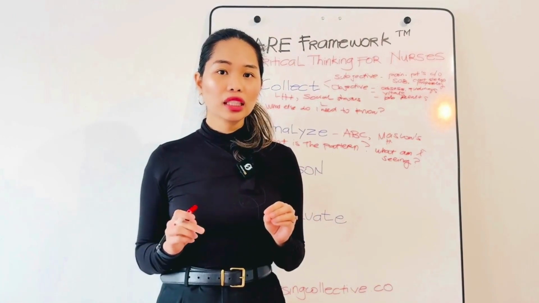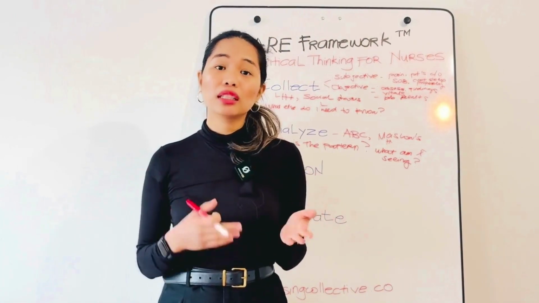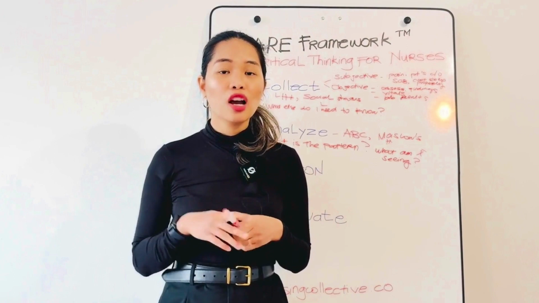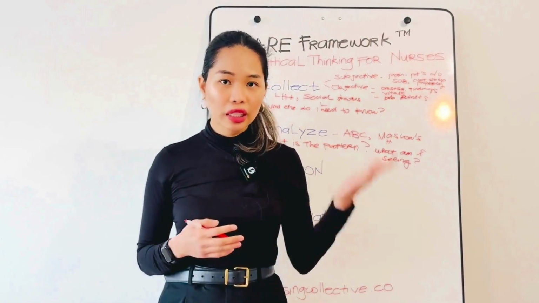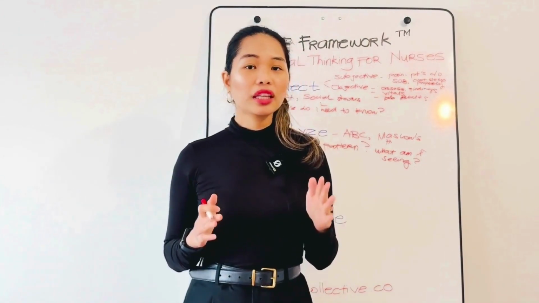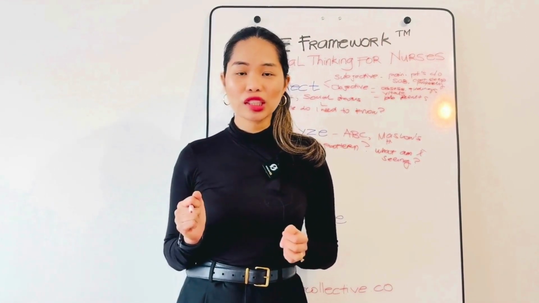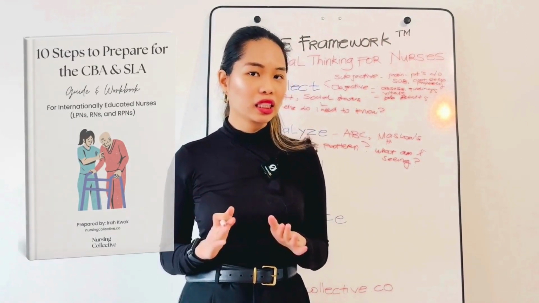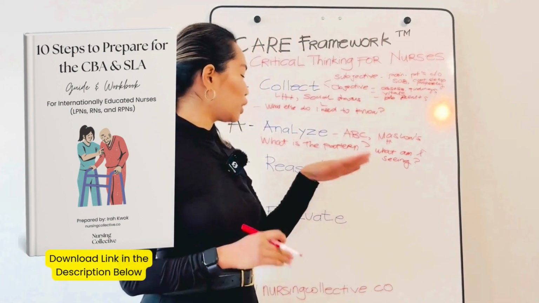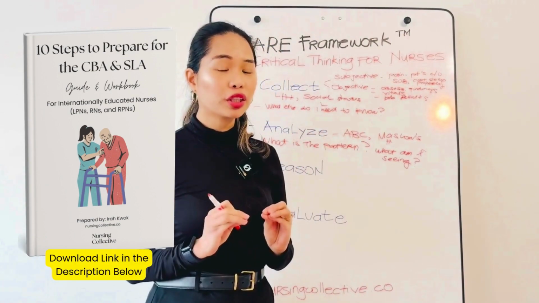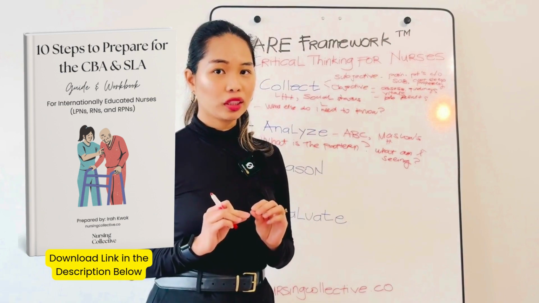During your CBA and SLA, you have to demonstrate and sometimes even verbalize your clinical process, your critical thinking. And this is something that I focus on when I'm coaching nurses and international nurses preparing for the CBA and SLA. Because in the analyze section, this is when you are figuring out what your priority is.